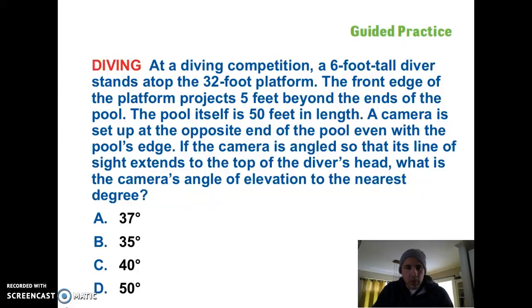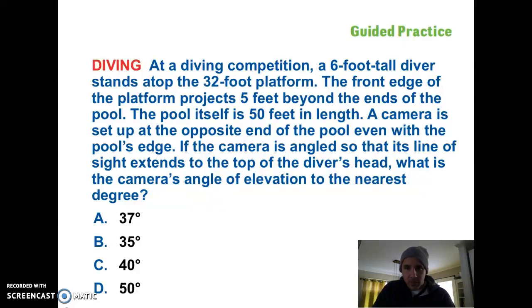Again, this is benchmark 24, applications of right triangles, solving right triangles. A 6-foot tall diver stands atop a 32-foot platform at a diving competition. The front edge of the platform projects 5 feet beyond the end of the pool.